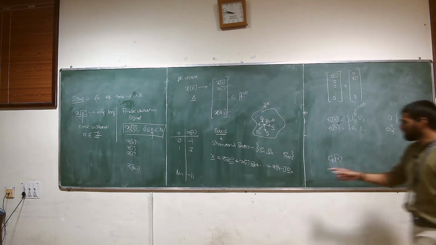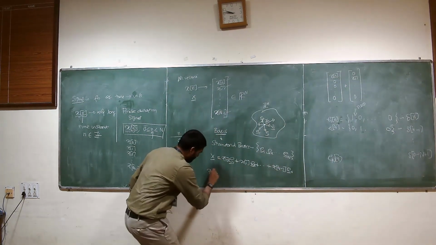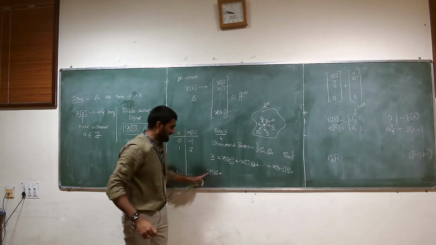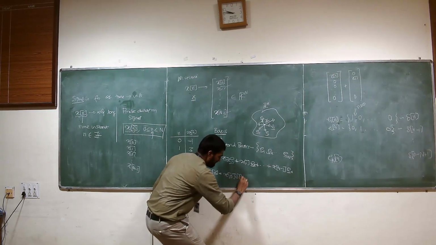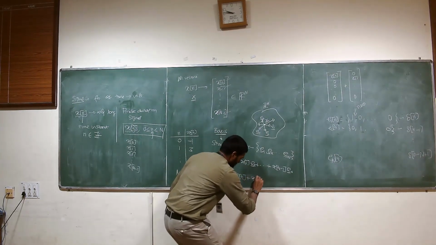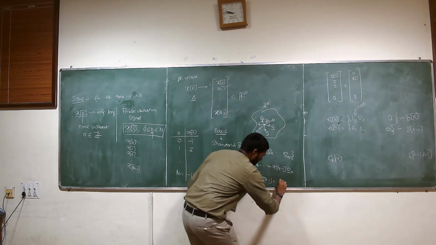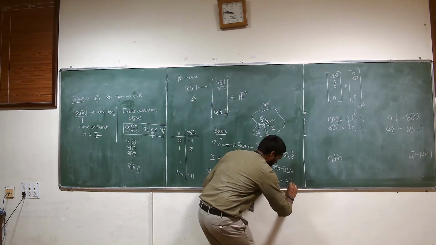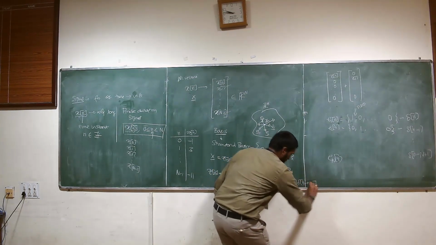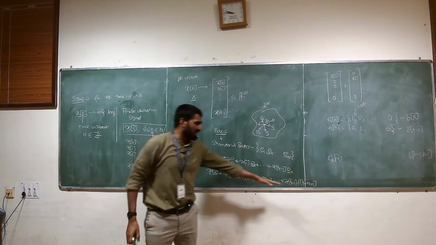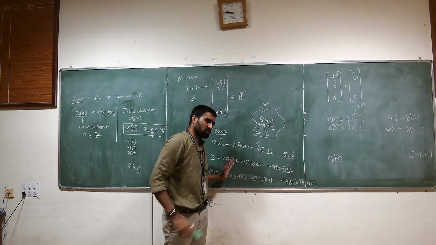That means if I represent my vector like this, I'm saying that my time domain signal can be written as x of 0 into delta of n, plus x of 1 into delta of n minus 1, and finally x of N minus 1 into delta of n minus capital N plus 1. This is how a time domain signal is represented as a linear combination of time shifted impulses.